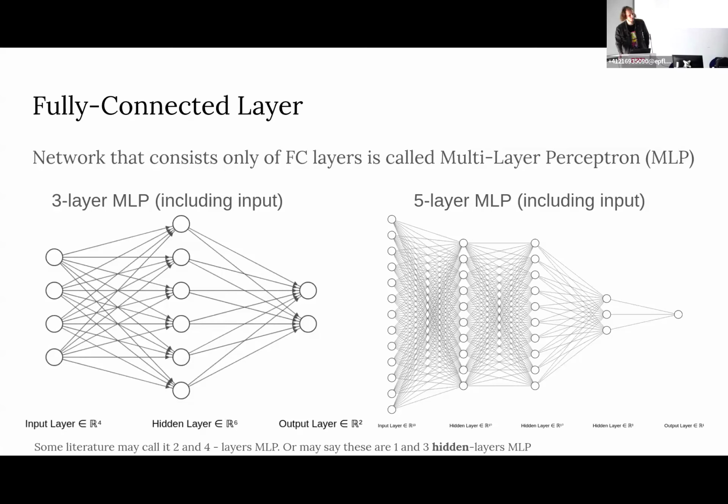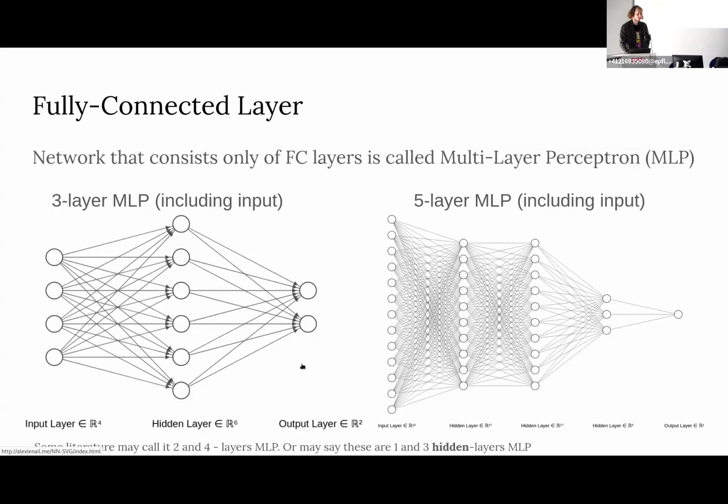There is one thing regarding literature which is probably a bit confusing, which is how to count layers in a multi-layer perceptron. For example, here, most literature probably says that this is a 3-layer MLP, because you have an input layer, one hidden layer and one output layer.